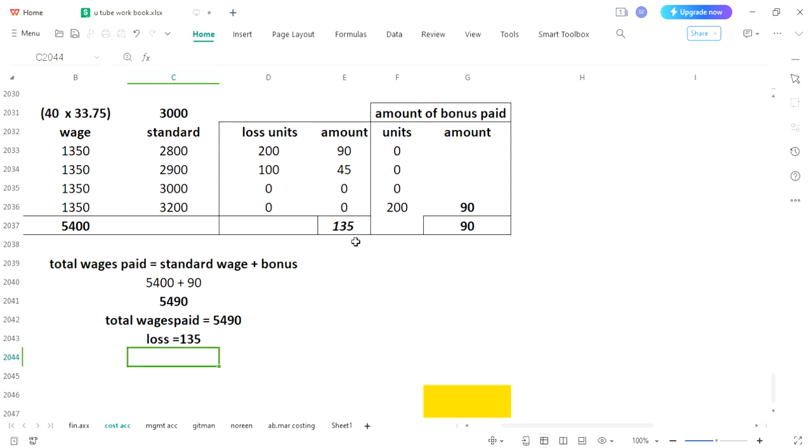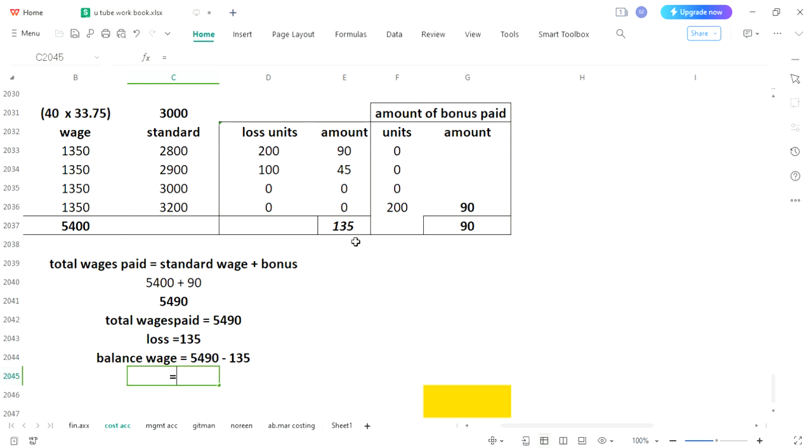So how much balanced wages have we paid? Balanced wages. For that, what you will do, total wages were 5490, out of which an amount of 135 was lost. This way you can calculate your balanced wage.